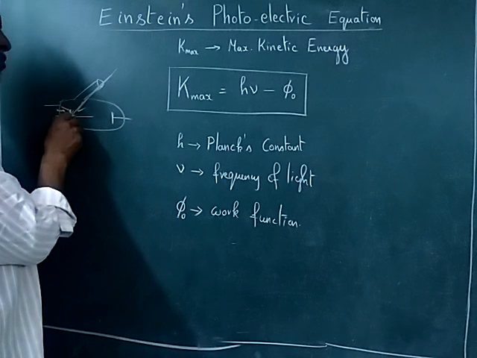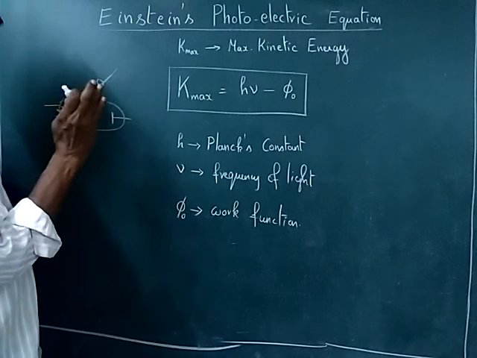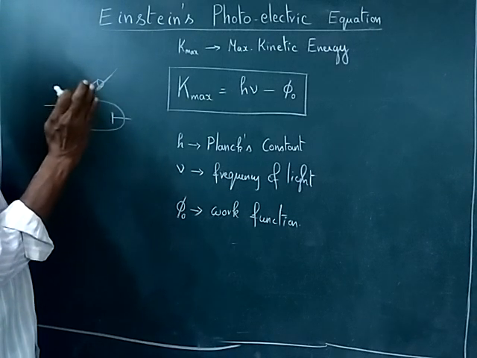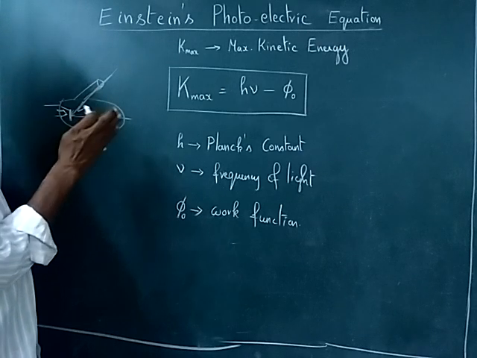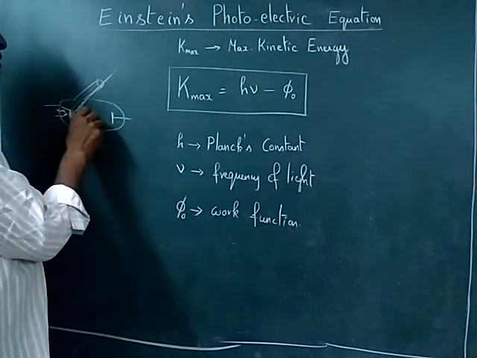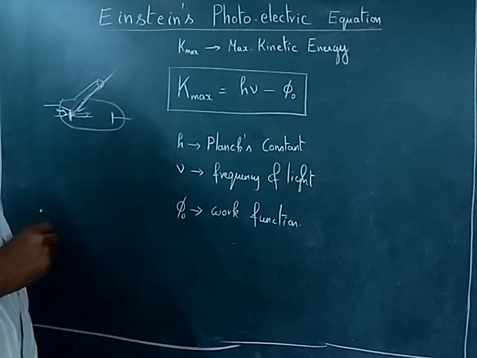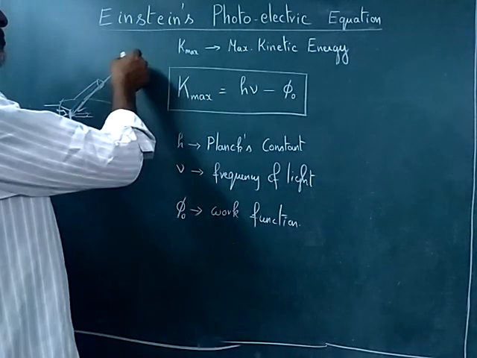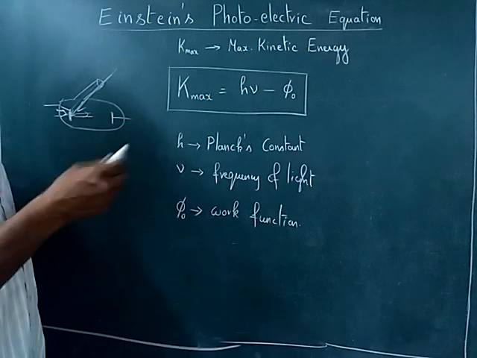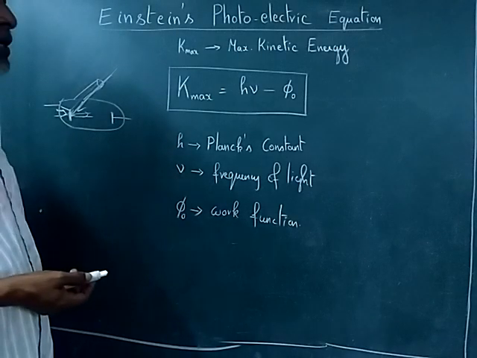So you keep the cathode exactly at the threshold of the work function of the particular photosensitive material. Once light strikes, it starts emitting electrons. The additional energy is from the light source, and it will start emitting electrons, which we call photoelectrons.